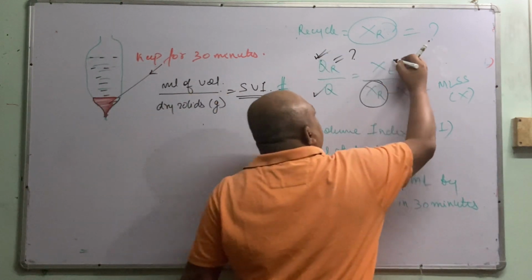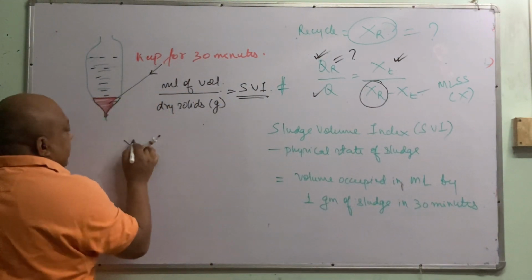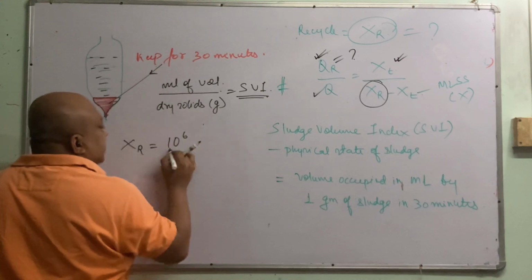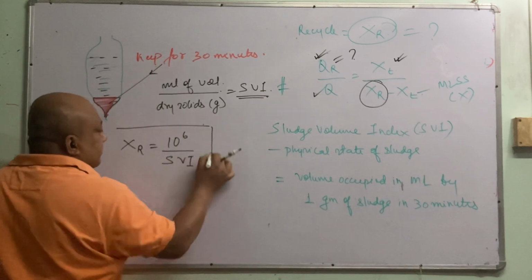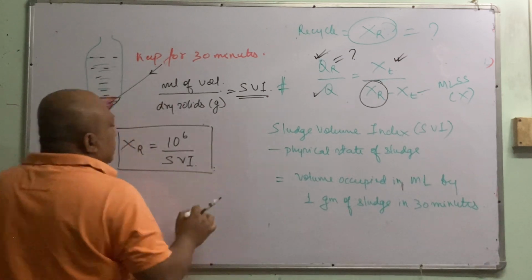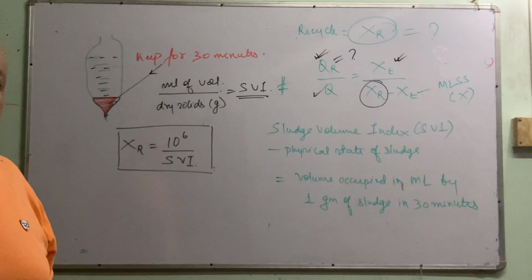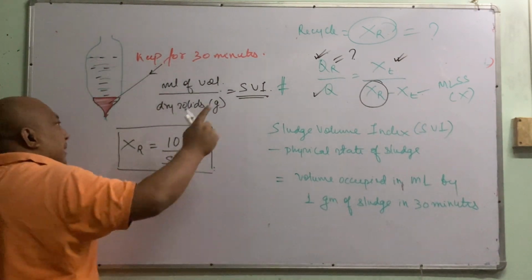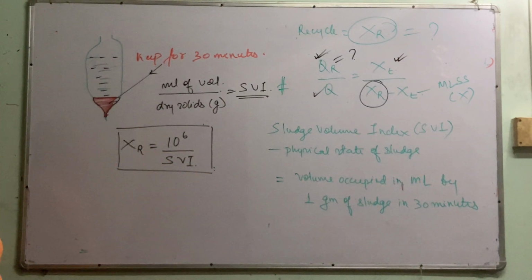Q we know, XT we have estimated, XR. What we do is, this XR is related as 10 to the power 6 divided by the sludge volume index. We always try to say, you must concentrate the recycled sludge in such a way that you obtain 10 to the power 6 divided by the sludge volume index as XR.